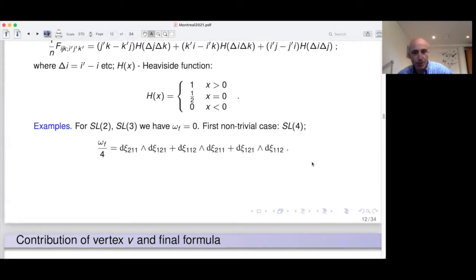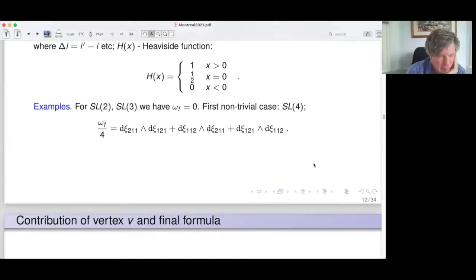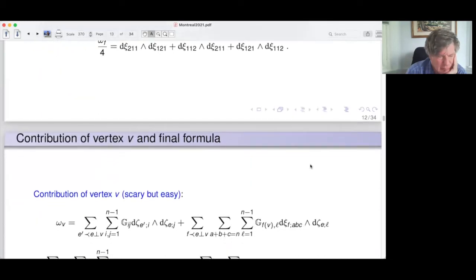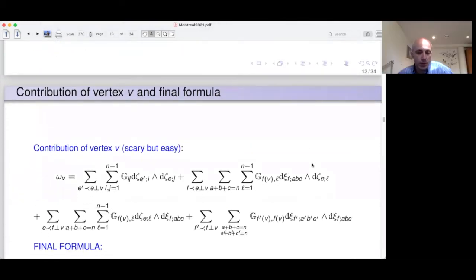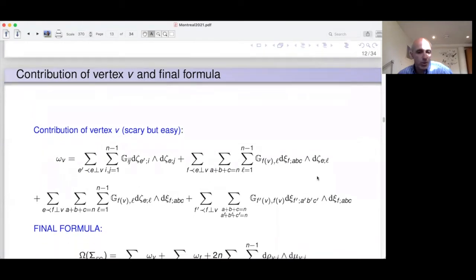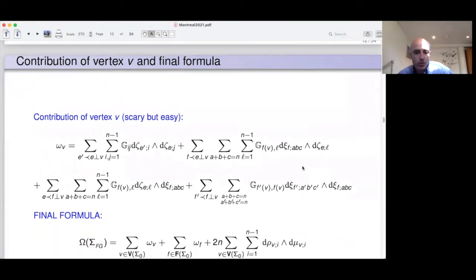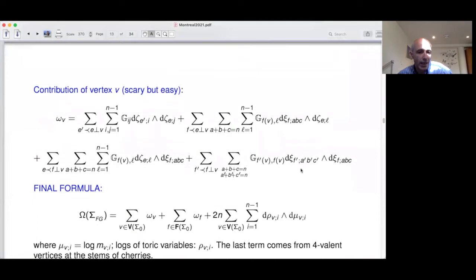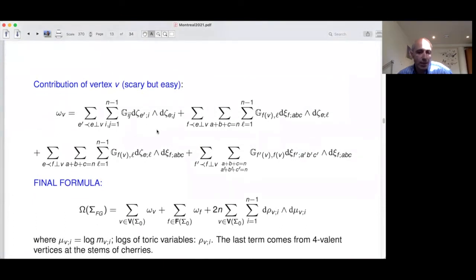It's pretty easy. In higher n, it's also easy, but not too much, right? And then the contribution of vertices V, where red edges start talking to black edges. The zeta variables talk to psi variables, and zeta to zeta, and psi to psi a little bit.